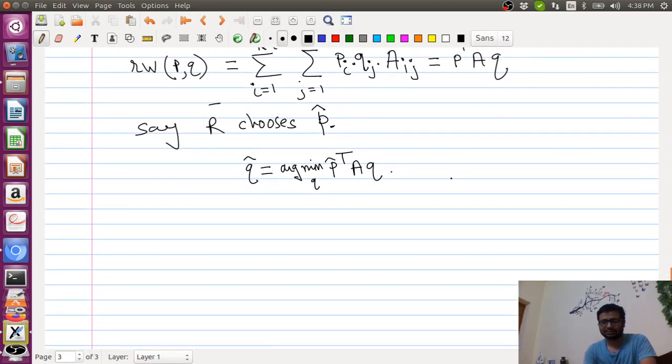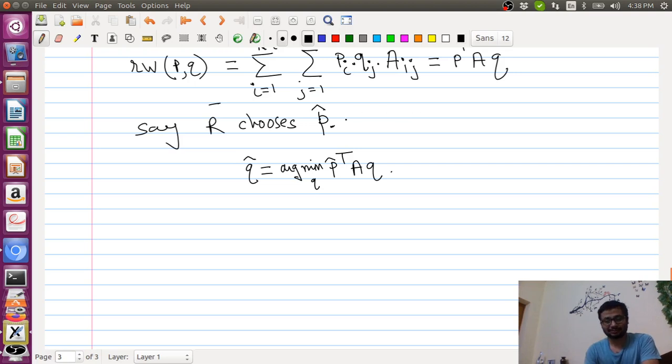Now let's come back to R once more. So R knows that if she chooses P hat, then this is what C is going to choose in the next step. And R wants to maximize her reward. So then what P hat will R choose?